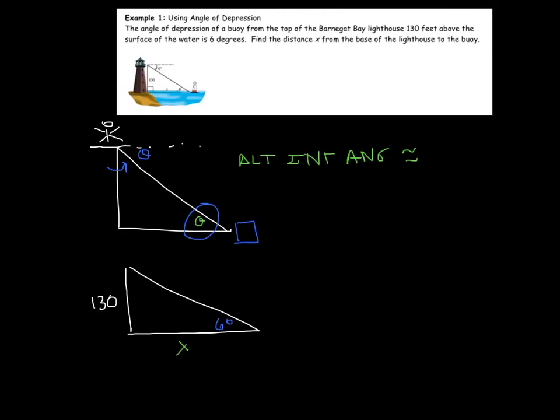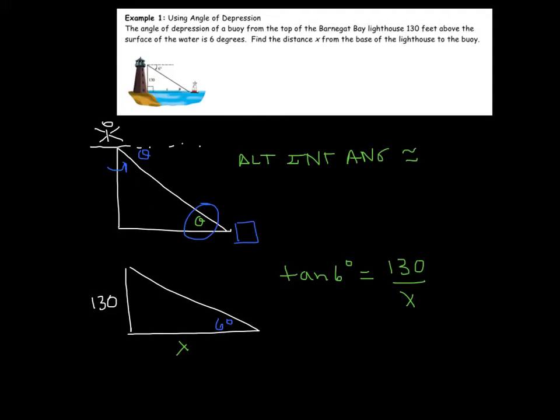And we have a couple options here. We can either do tangent of 6 degrees is equal to opposite over adjacent, so 130 over x. And we can get the answer there, but you notice that the variable's on the bottom, so we would have to multiply by x and then divide by tangent of 6.